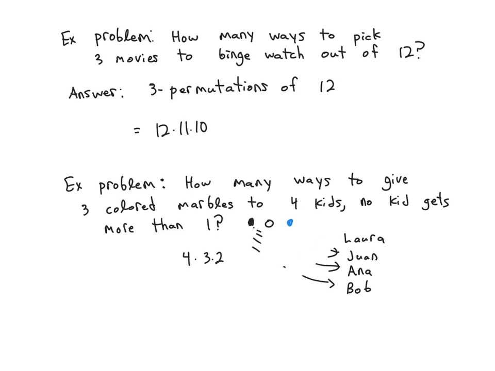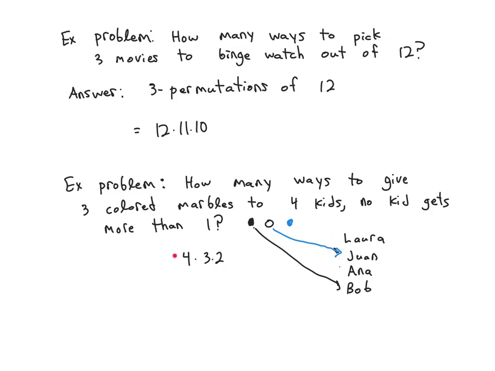So for the purposes of argument, suppose that the black marble went to Bob. Then we see there are 3 options left for the white marble to go to. So 4 times 3. And then finally, once you've picked the person who gets the white marble, say 1, then the blue marble has to go to one of the remaining 2 people.